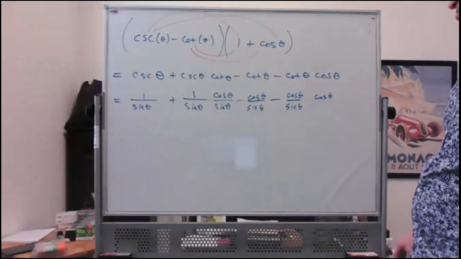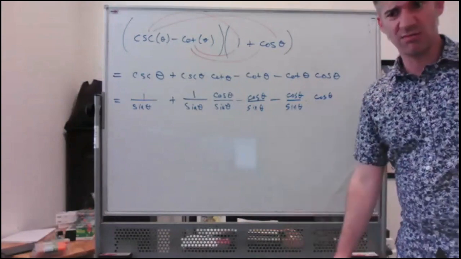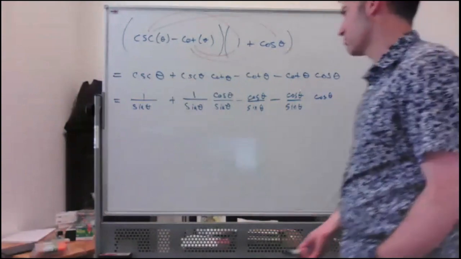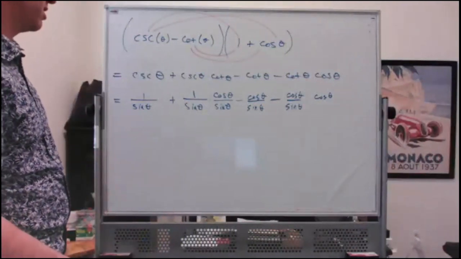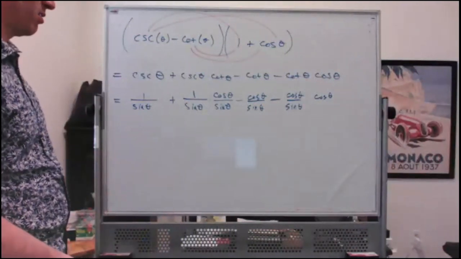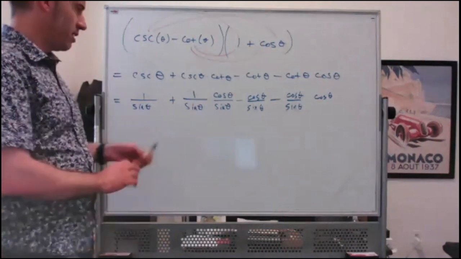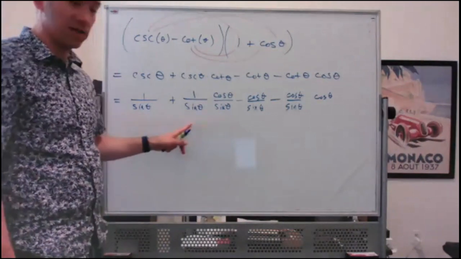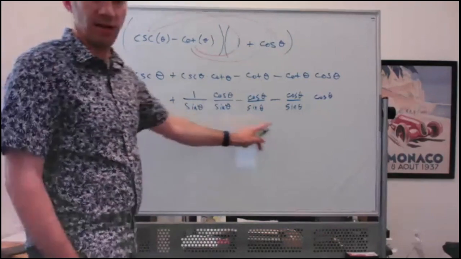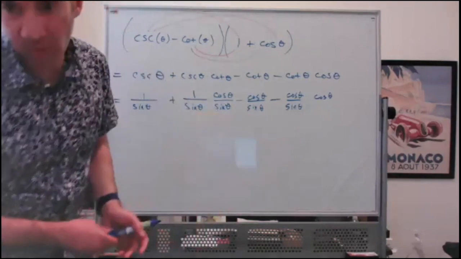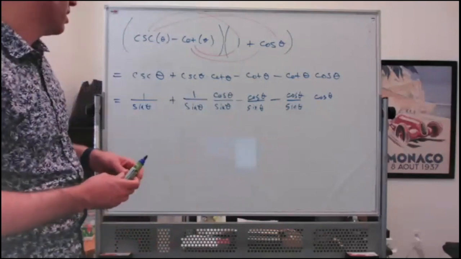Yeah, that looks kind of weird, I'm not going to lie. What I would probably do at this stage is get a common denominator. I see that this term here has a sine squared as a denominator, and everything else has a sine. So how do you combine the cosecant and cosine?